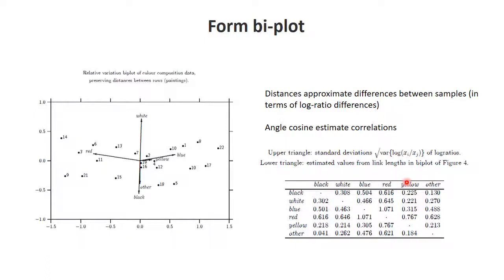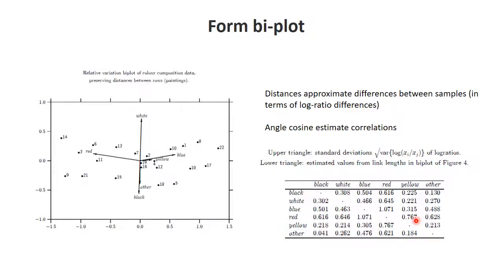Okay, we can of course back that all up with numbers. It's useful to plot again the variational matrix. In the variational matrix, you see, for example, that there's high variance in the blue-red ratio. That's this value of 1.07.